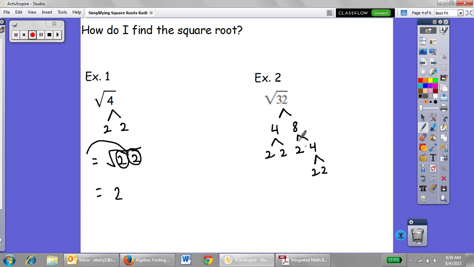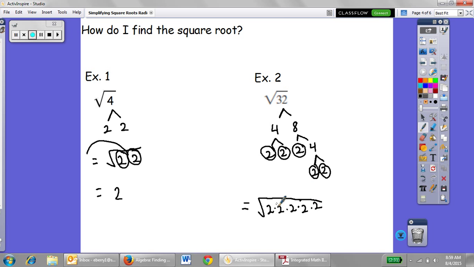Now that I've gotten to the bottom, I can circle all of these numbers at the very bottom. Notice that I did not circle this 4 or this 8 because it would get confusing. So now I write all of those circled numbers underneath the square root sign. 2 times 2 times 2 times 2 times 2, because when you multiply all of those out, you get 32.